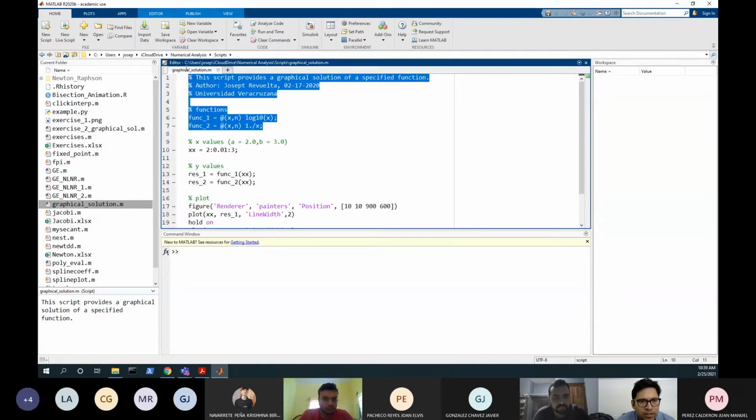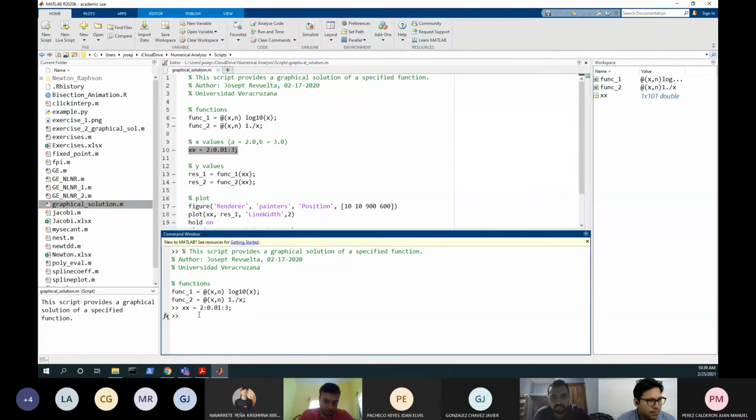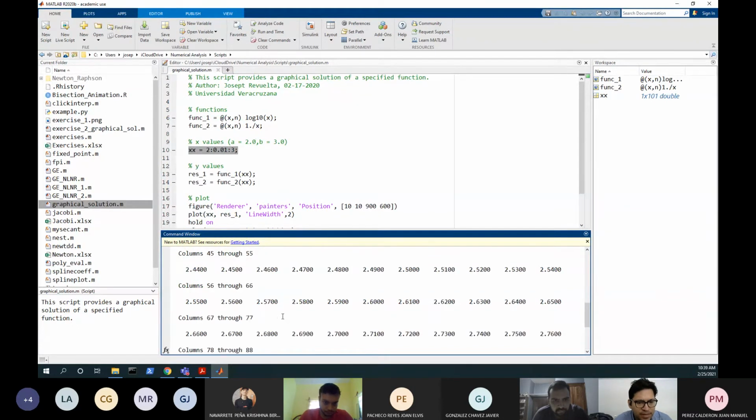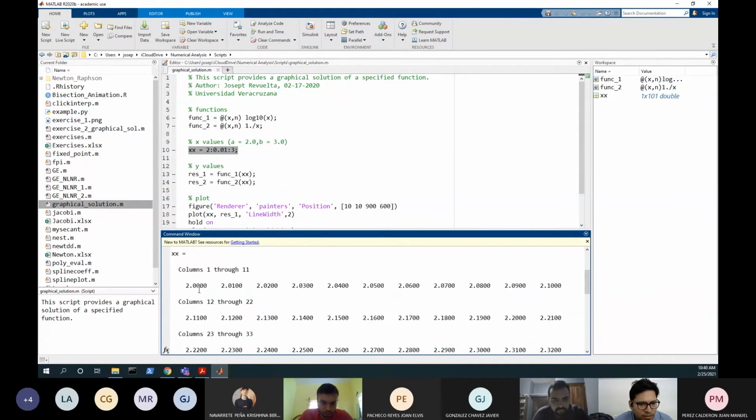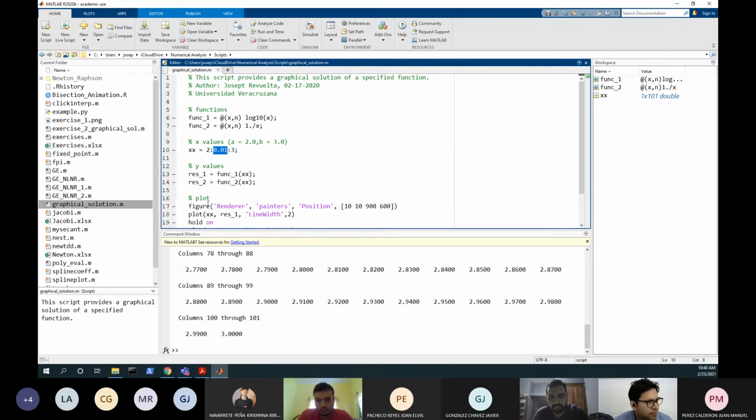I'm going to run this part, and then this one. And if I type XX, you'll see that my increments go 2, 2.01, 2.02, 2.03, 2.04, all the way up to 3. So that's the increment.